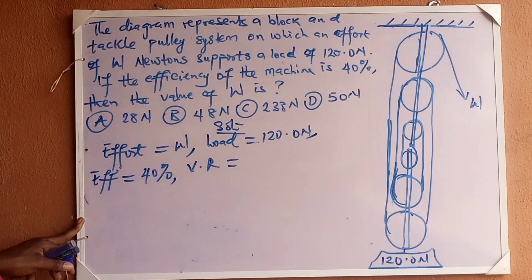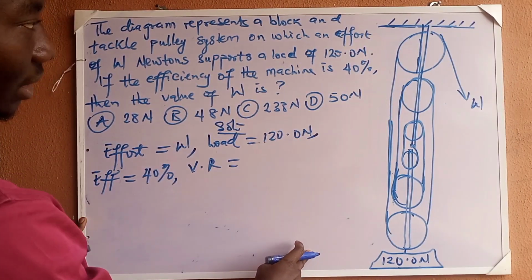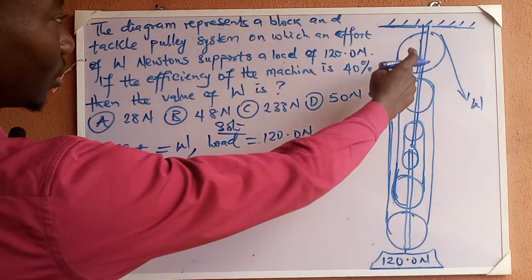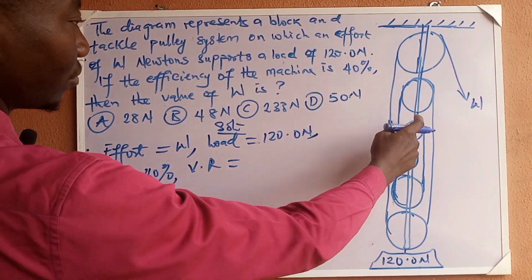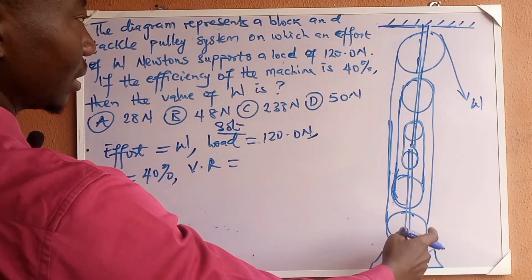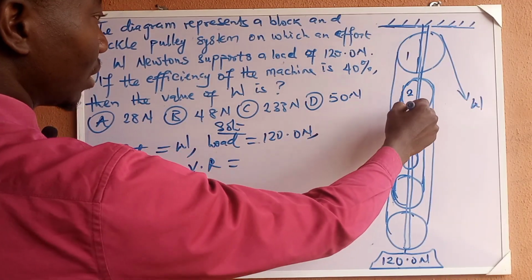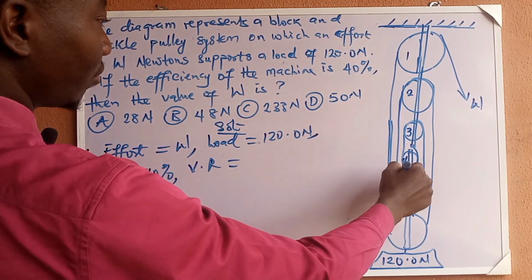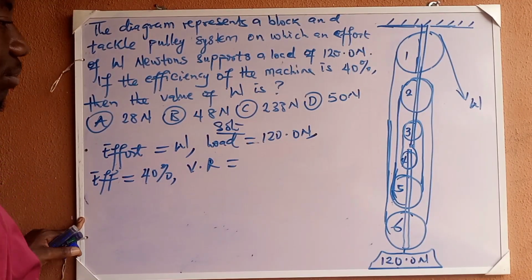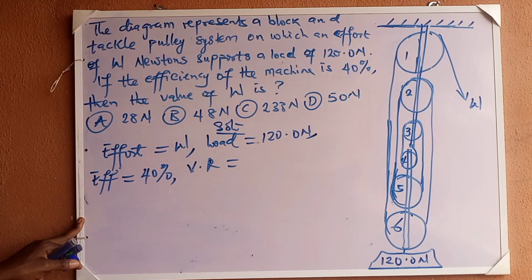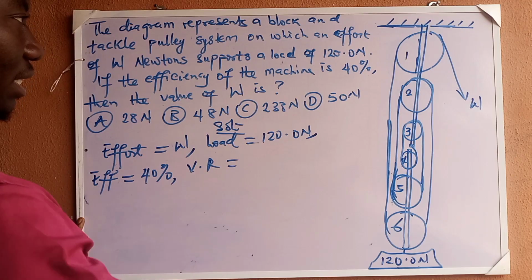So what again can we get from here? Velocity ratio. Let's look at the diagram. For a pulley system, I've explained in the first example, the velocity ratio corresponds to the number of pulleys in the system. So this is 1, 2, 3, 4, 5, 6 pulleys. So we have 6 pulleys in this arrangement.